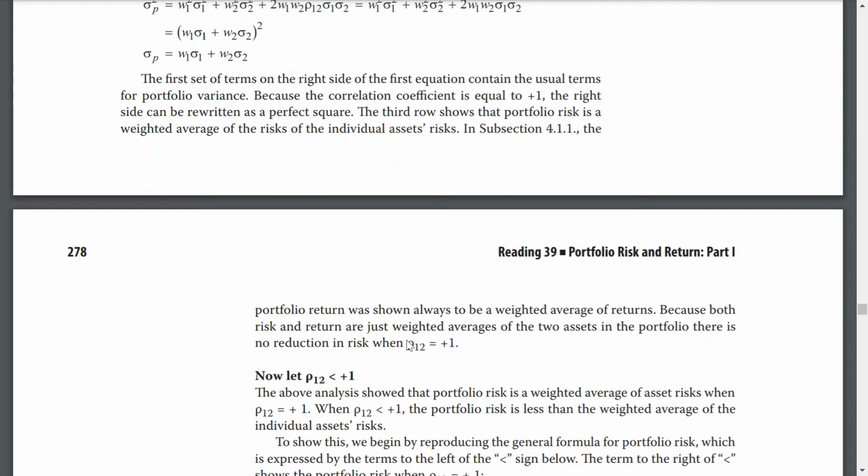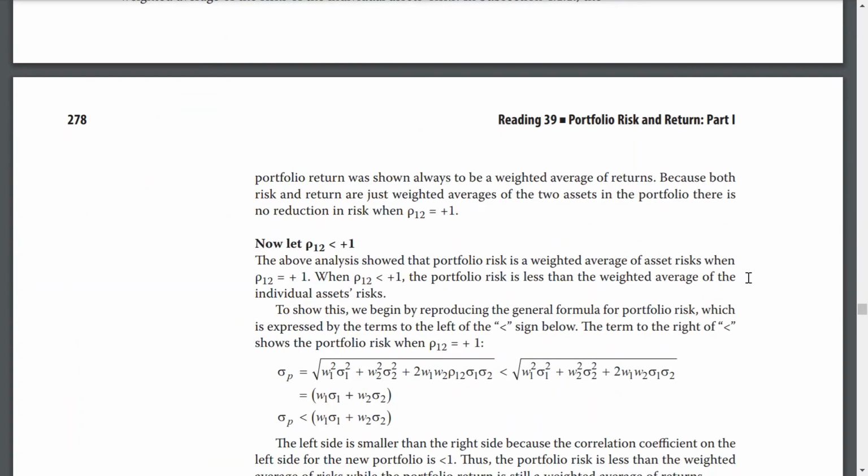In subsection 4.1.1, the portfolio return was shown always to be a weighted average of returns, because both risk and return are just weighted averages of the two assets in the portfolio. There is no reduction in risk when ρ12 equals 1. All right.